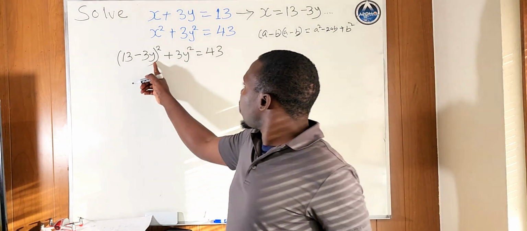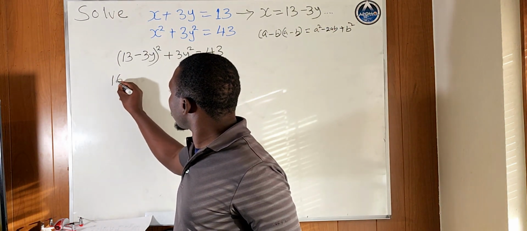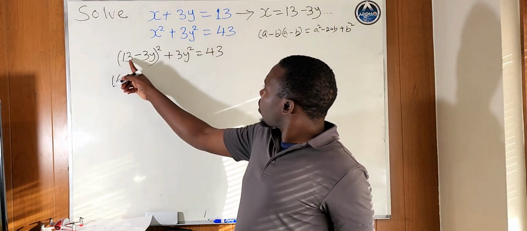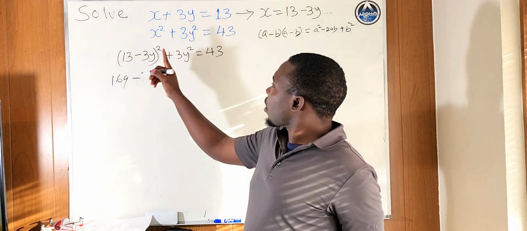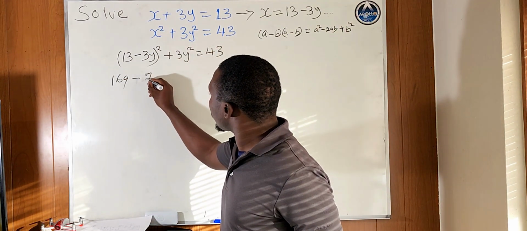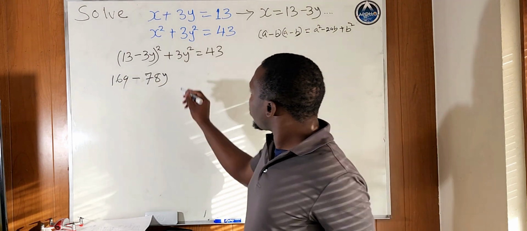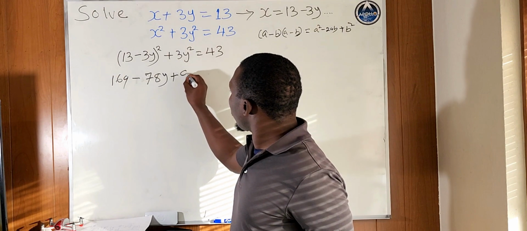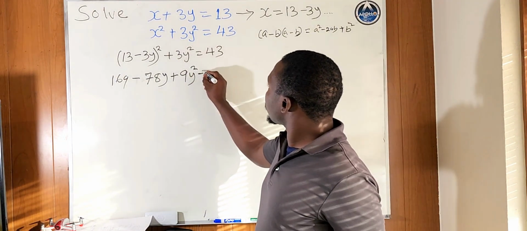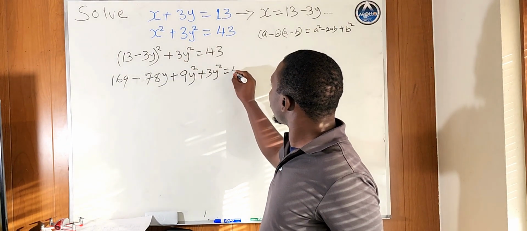So you get 13 squared, which is 169, minus 13 times 3 is 39, 39 times 2 is 78y, plus 9y squared, plus 3y squared equals 43.